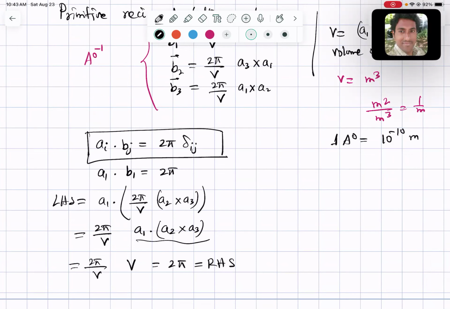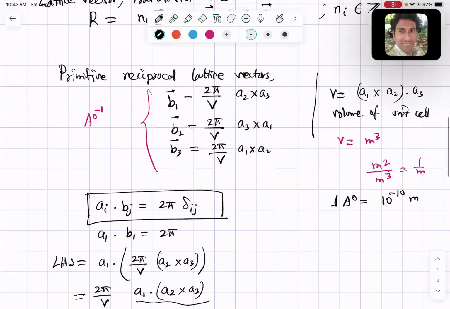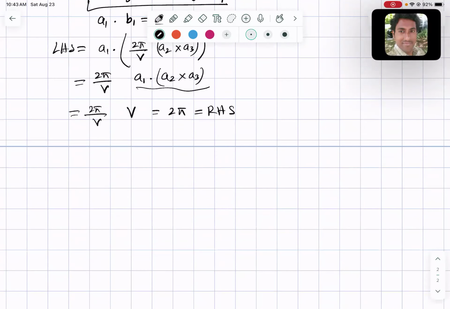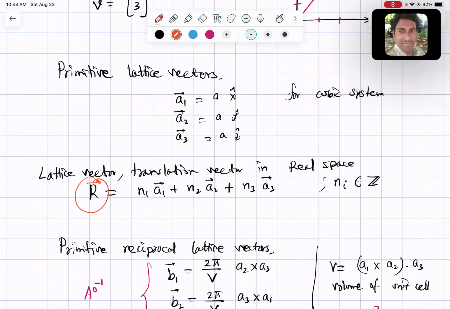Okay, so we have lattice vectors, we have reciprocal lattice vectors, and we also define something called the translations in the reciprocal space, or the general reciprocal lattice vector G, which is M1 B1 plus M2 B2 plus M3 B3. Notice one thing: what is R? R is nothing but a linear combination of A1, A2, A3.